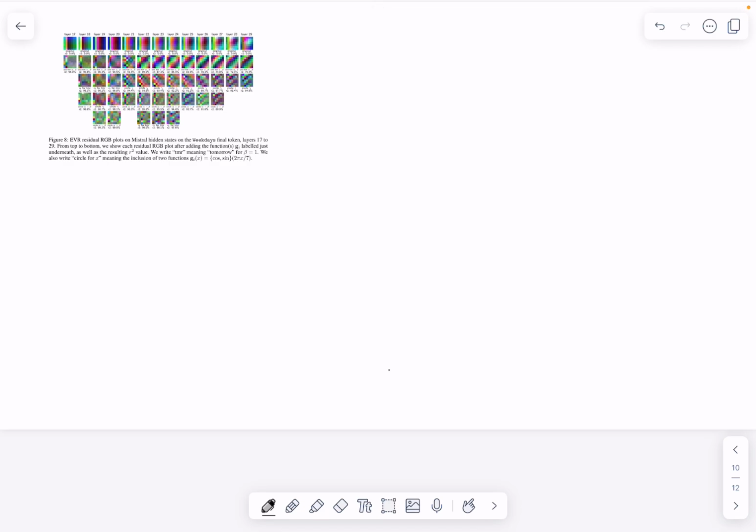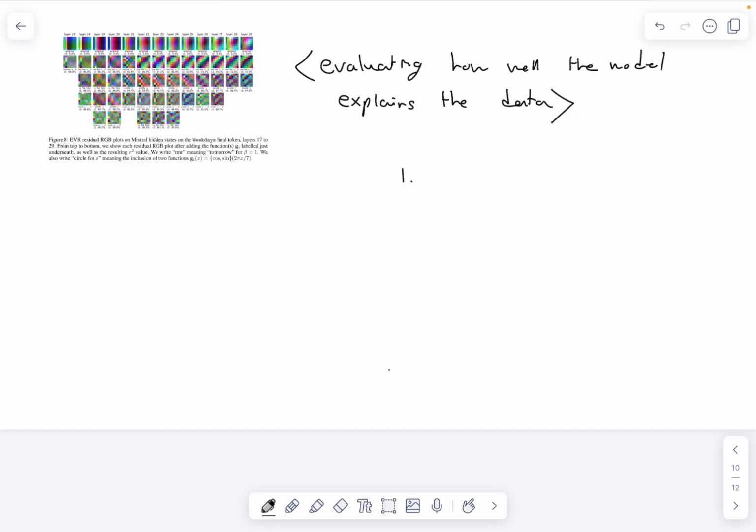The process of evaluating how well the model explains the data was also interesting. First, explanatory variables are introduced. These are the variables that hypothesize how the model processed the data.